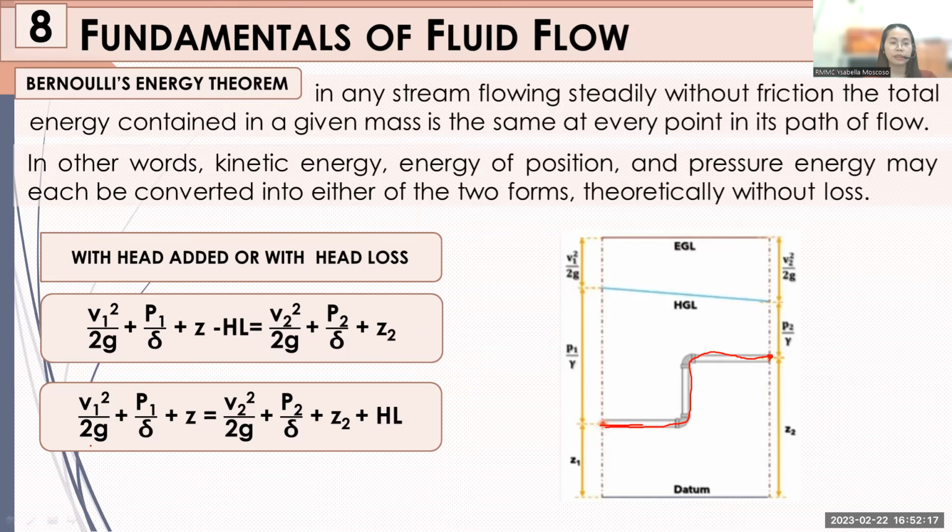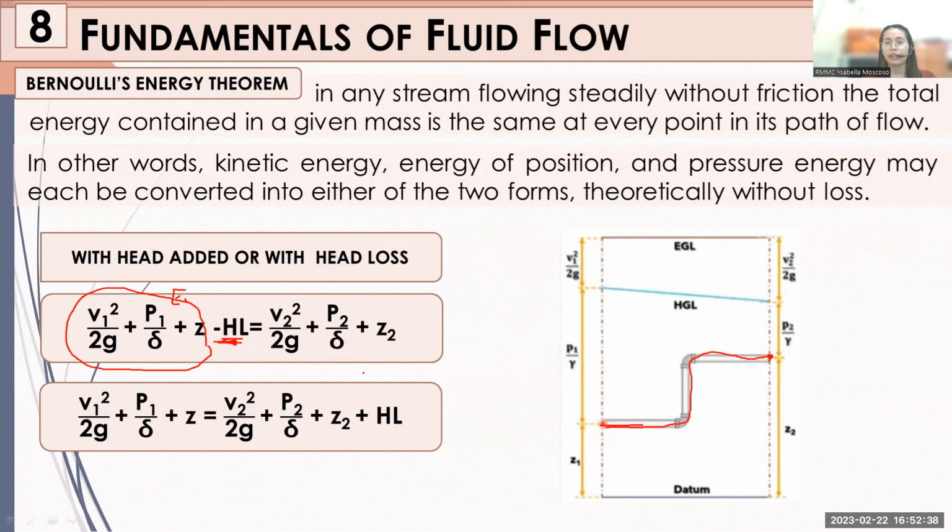Okay? So that is why, as you can see in the equation of your energy at point 1, we are considering a negative head loss. Why do we consider a negative head loss here? Because it reduces the amount of energy. Right?